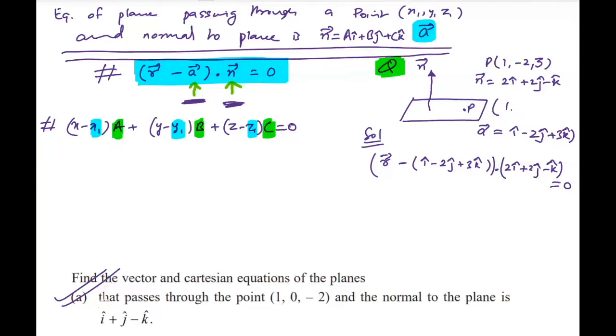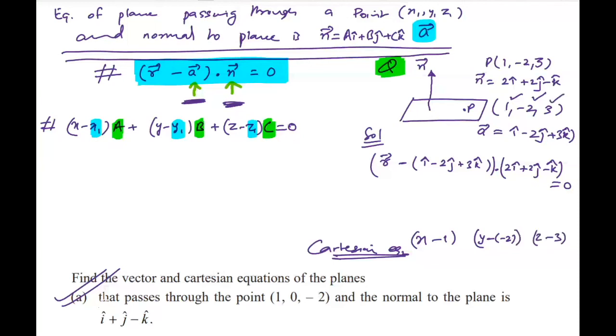The Cartesian equation will be x minus 1, then y minus y1, which is minus 2, then z minus z1, which is 3, multiplied by a, b, c. What is a, b, c?